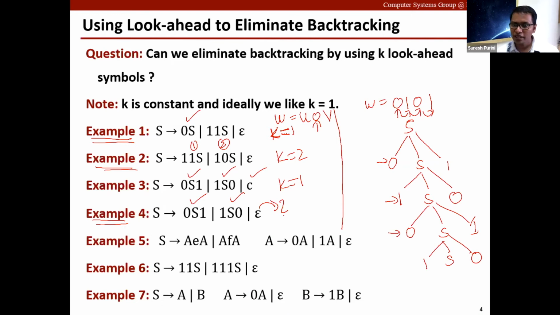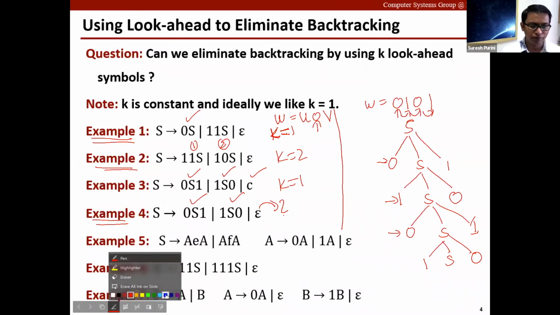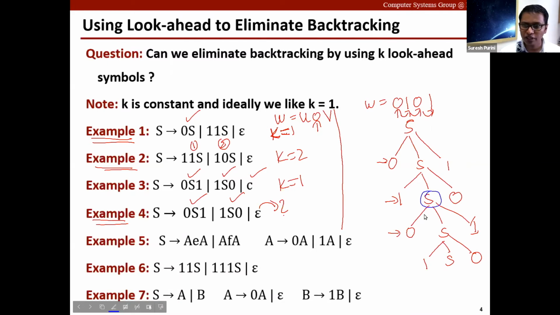As you can see, the parse tree that we are constructing does not correspond to the parse tree associated with the string W, because we are using the incorrect substitution rule in the process of constructing the parse tree. At this point, instead of using this substitution rule, we want to use the substitution rule S goes to epsilon.